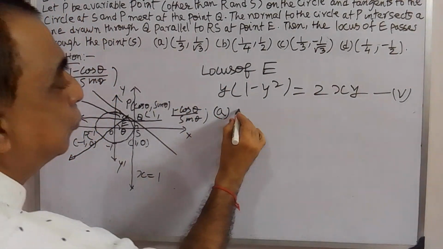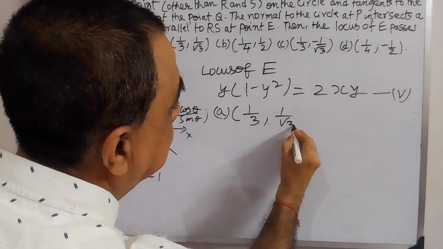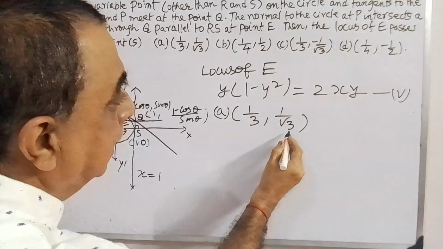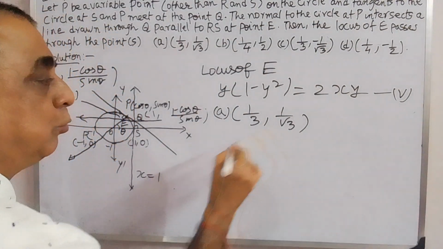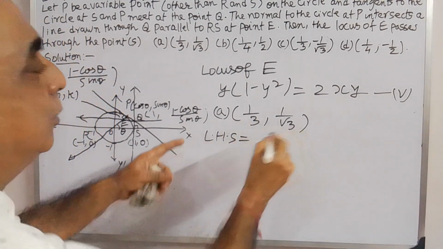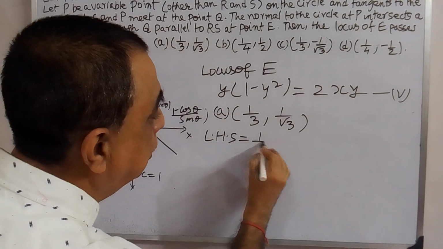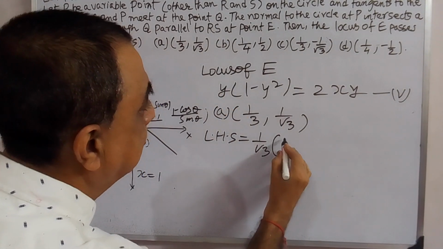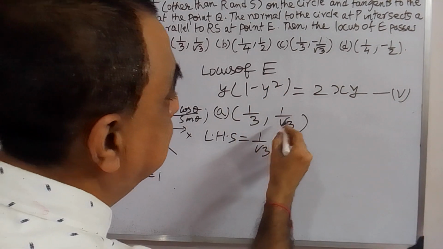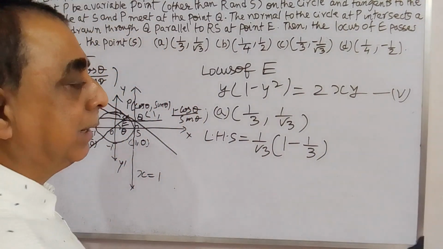So the point A is 1/3, 1/√3. In place of x you will write 1/3, and in place of y you will write 1/√3. So check the left hand side and right hand side by putting these values. Left hand side: in place of y you put 1/√3, times 1 minus y², where y² means (1/√3)², that is 1/3.